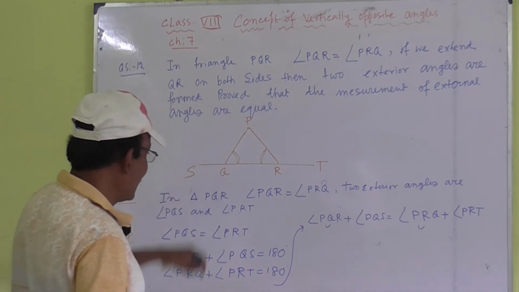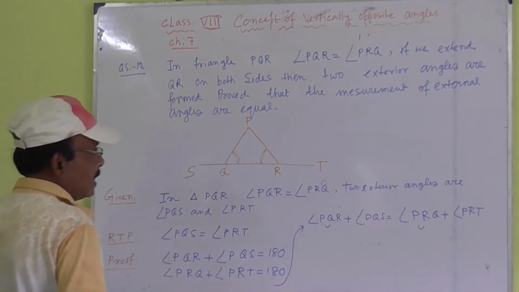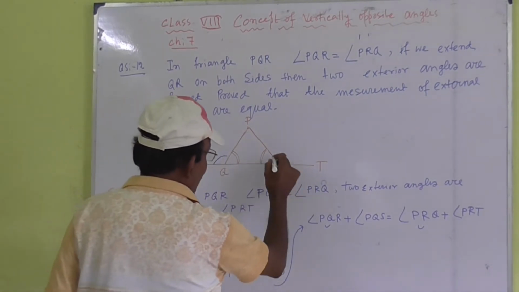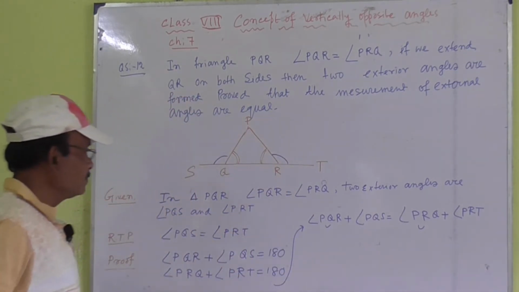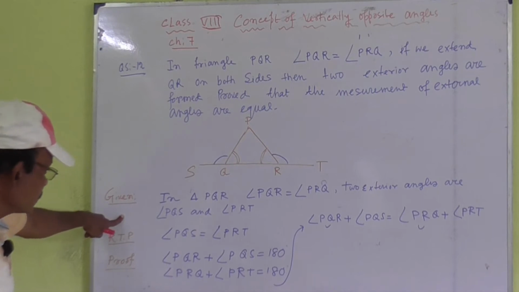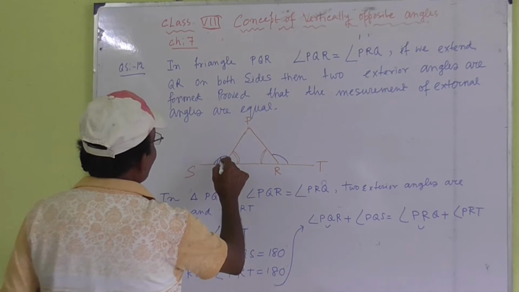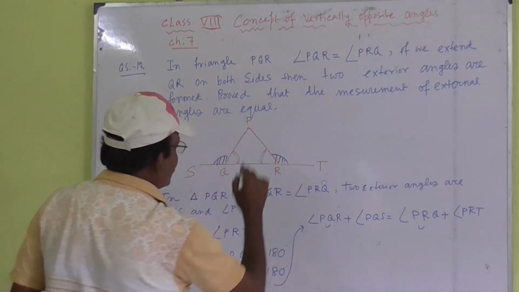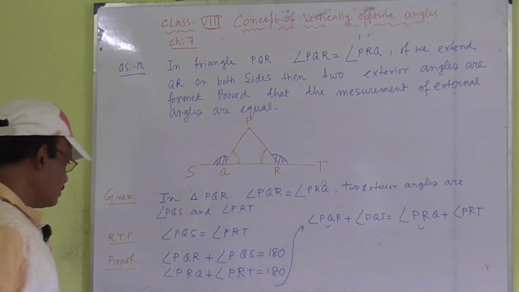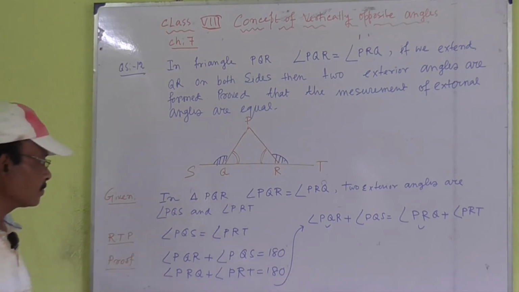Two exterior angles are formed, that means PQS and PRT. These are the two exterior angles. Now, required to prove: angle PQS, that means this angle, will be equal to this angle. Clear?